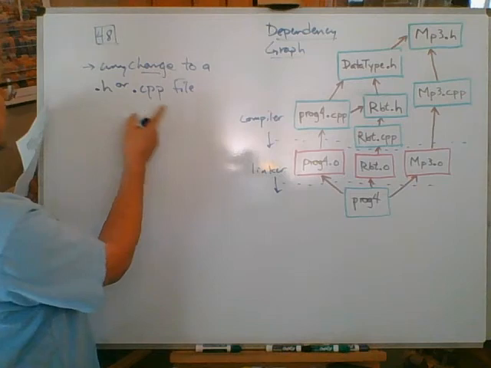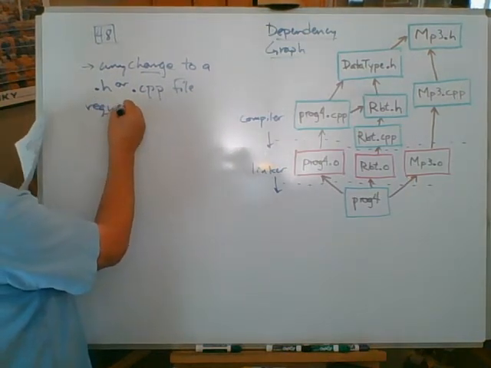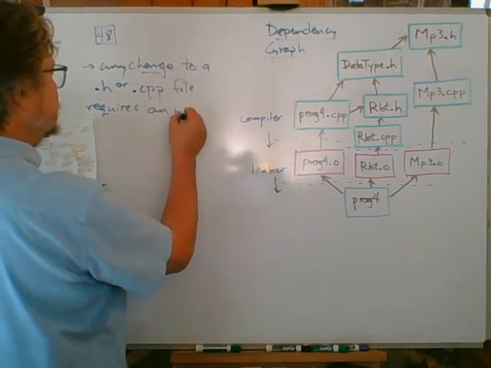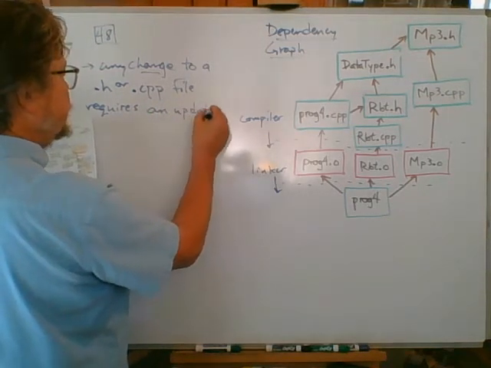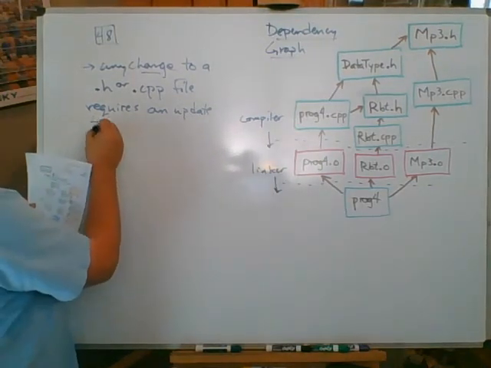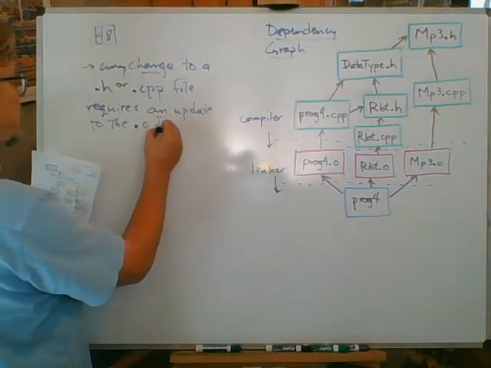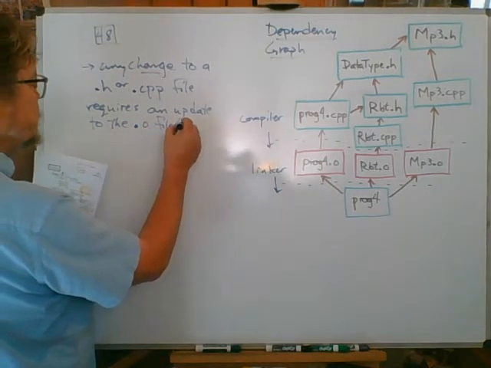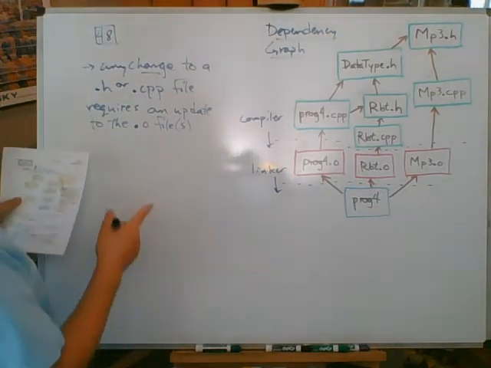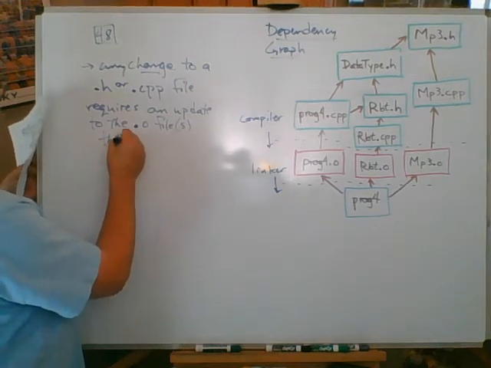Any change to a .h or a .cpp file requires an update, which we now know is going to be a recompile, an update to the .o files, and that could be plural .o files, as we saw with the snowball effect of mp3.h. It requires an update to the .o files that depend on it.